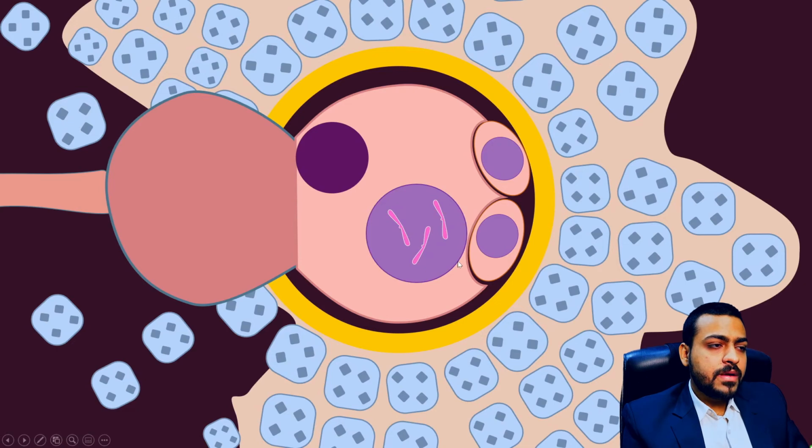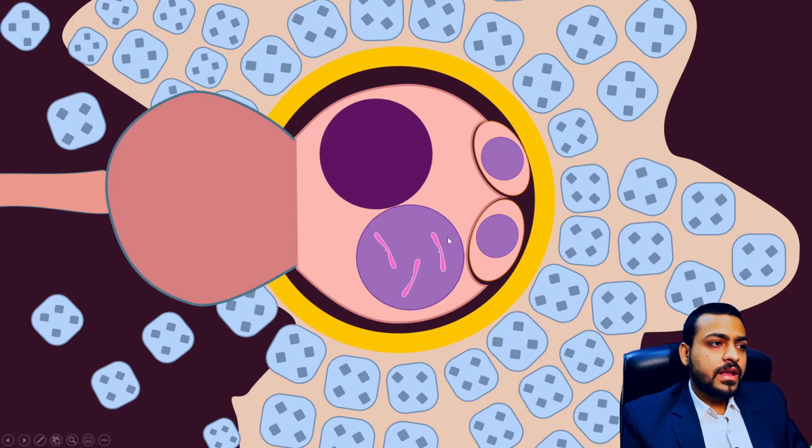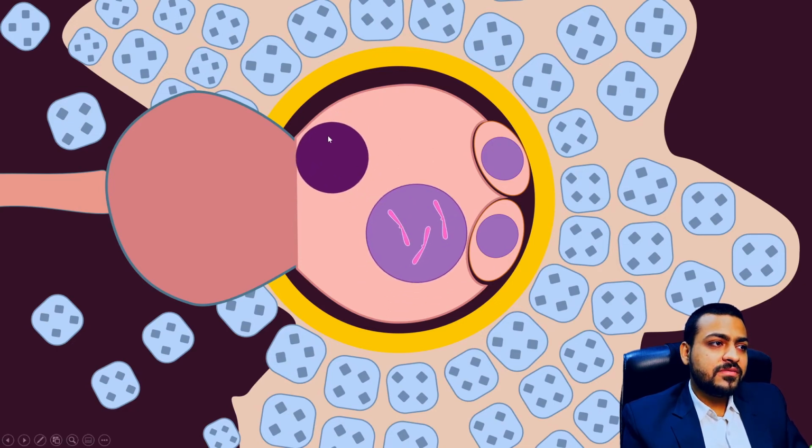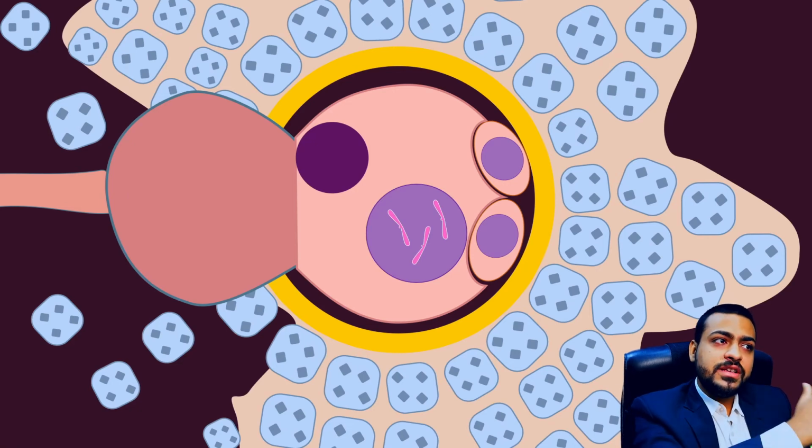Now the nuclear membrane reforms, and what happens to this male's nucleus? Initially we had discussed during spermiogenesis that this nucleus was tightly condensed, tightly packed like a briefcase, in order to help this sperm keep its size small and pass through these tough trails of the female tract.